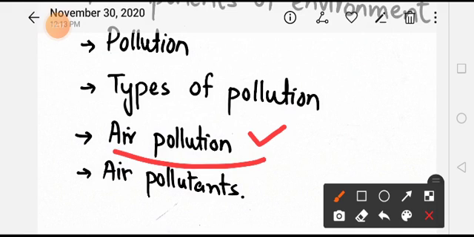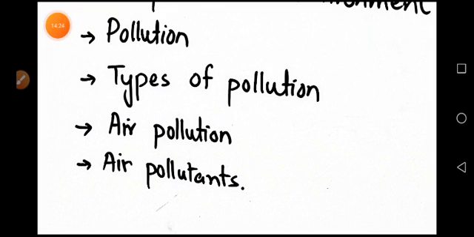Then we discussed the causes of air pollution. The main cause is harmful pollutants released from factories into the air. These harmful chemicals disturb our environment and harm all living organisms present in our ecosystem, and these pollutants may be man-made or natural.